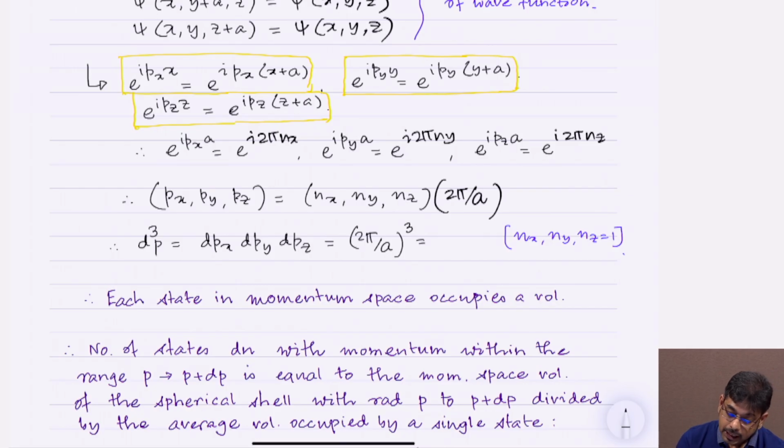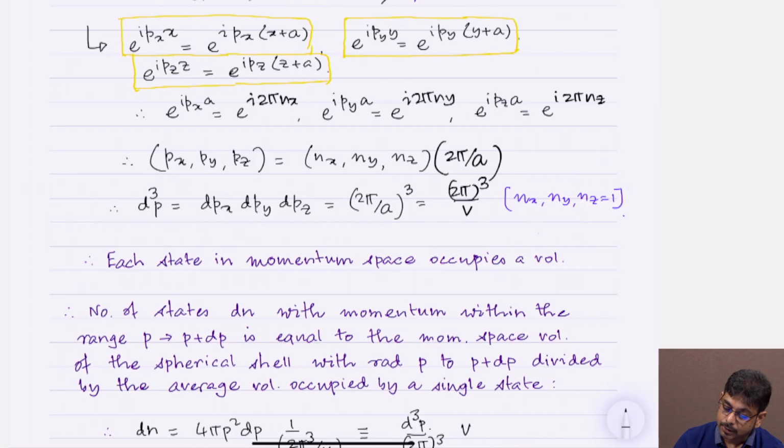So, now the volume integral dp_x dp_y dp_z must be equal to (2 pi) whole cube by a cubed, which is (2 pi) whole cube by V, where a cubed is the volume of the cube, with n_x, n_y and n_z chosen equal to 1.